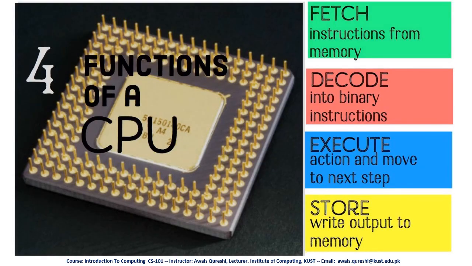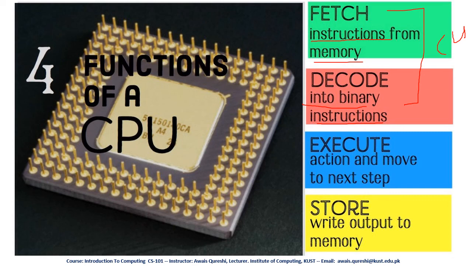So this is the summary of the four functions of the CPU. First, the instructions are fetched from the main memory, and after that those instructions are decoded into binary instructions by the control unit. This step is performed by the control unit. After that, execute means action, and then move to the next step.